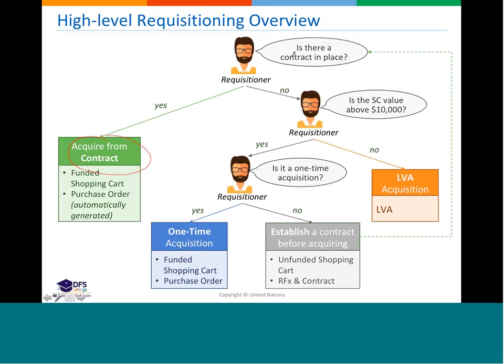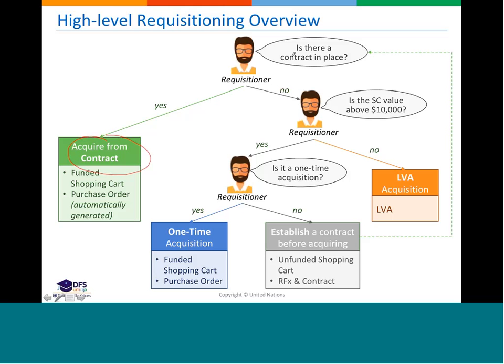What we want is to secure a price and a vendor, so the process will be faster when we procure items that are on a recurrent basis. If you don't think it is a common item that you procure on a recurrent basis, then you procure it maybe once and never again.